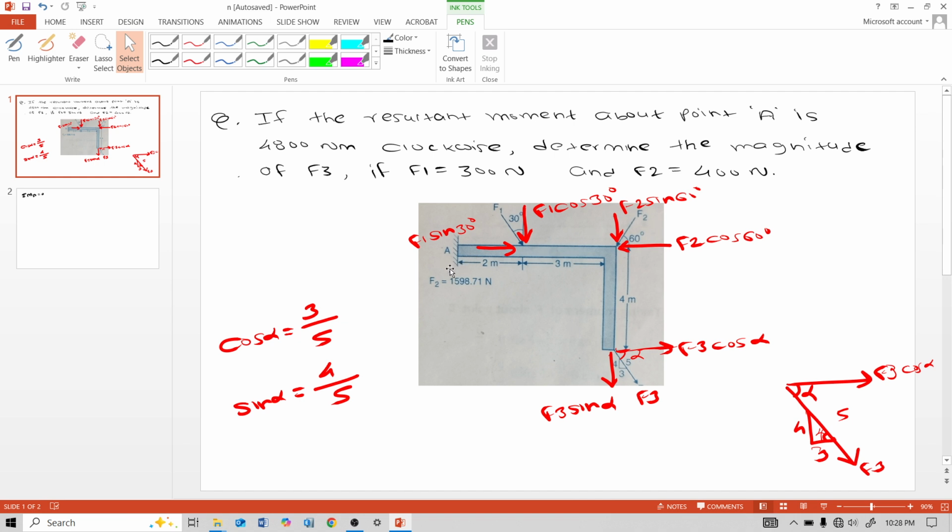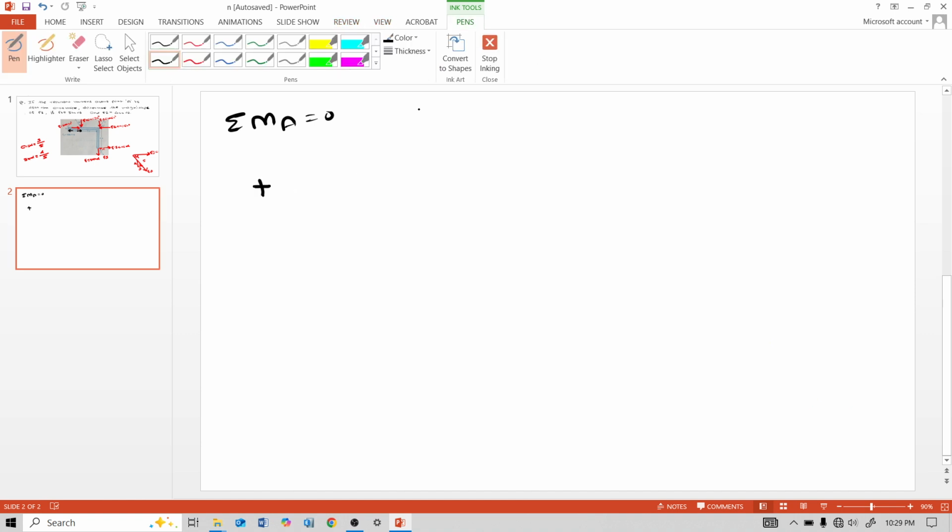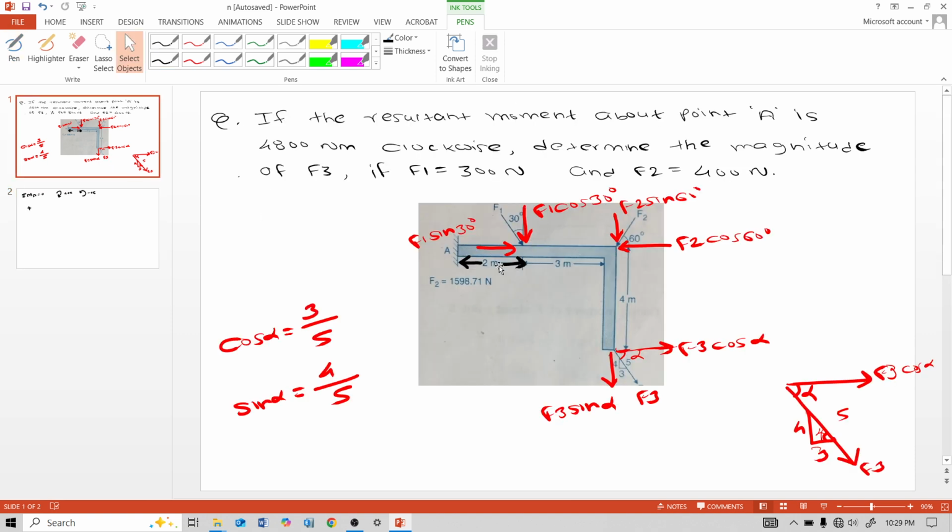Now this F1 cos 30 degree is clockwise to that point. Clockwise means positive, and the force is F1 cos 30 degree, and the perpendicular distance between that point and that force is 2 meter. Here clockwise positive and anti-clockwise negative. So positive F1 cos 30 degree into 2.